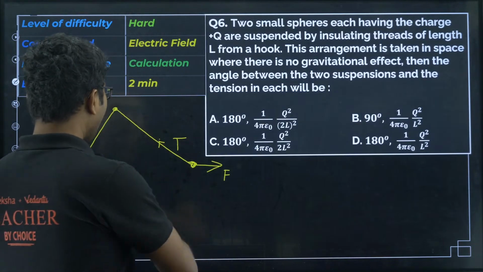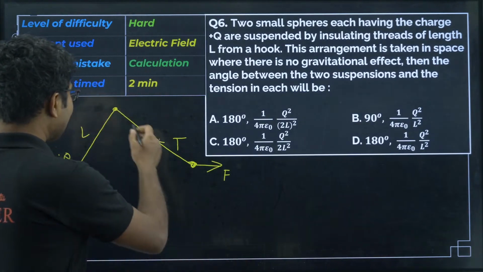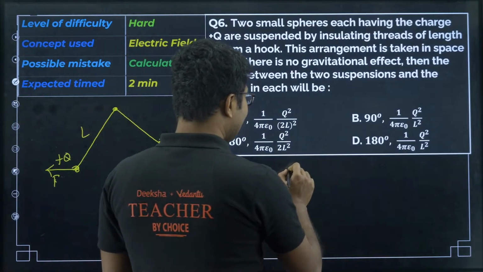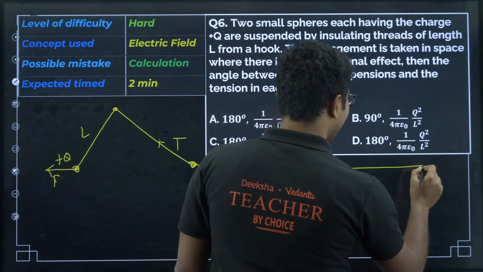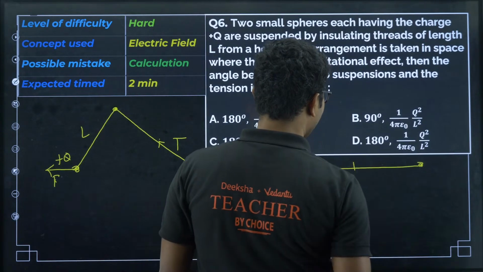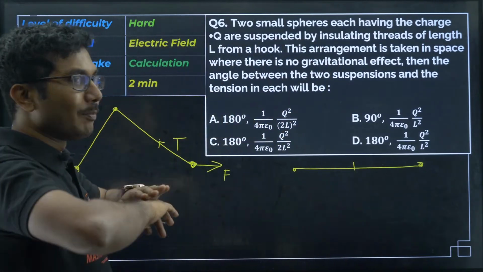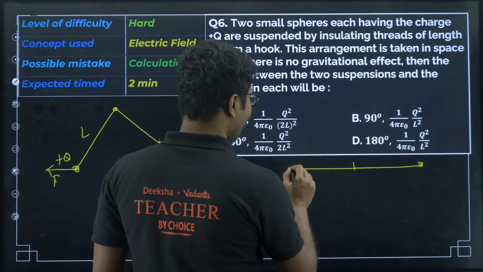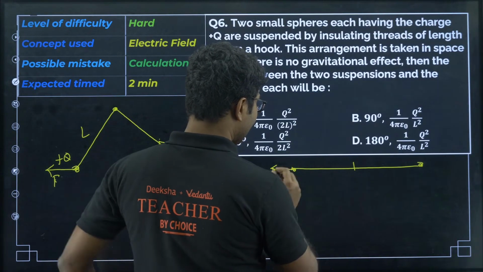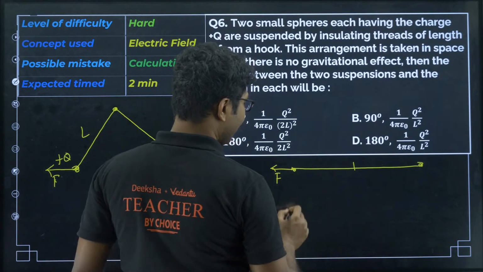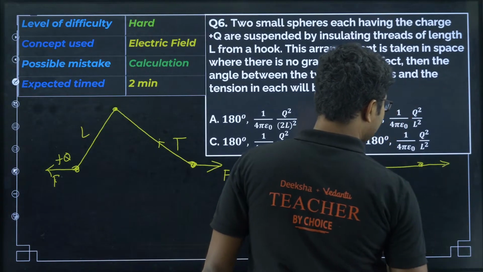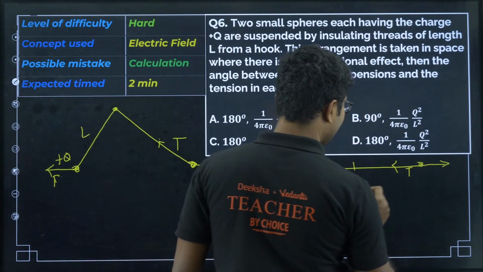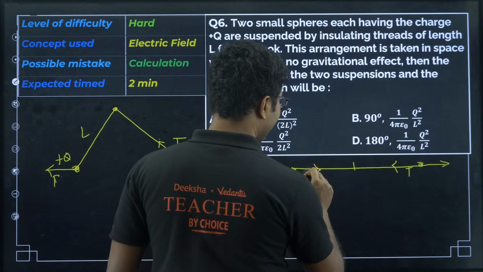Let's see. Because there is no mg present, instead of getting balanced like this, they can only balance when they are completely stretched. Whatever Coulomb force F is there has to be balanced by the tension.